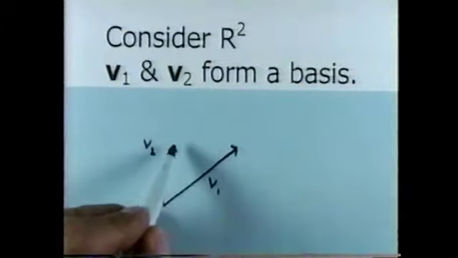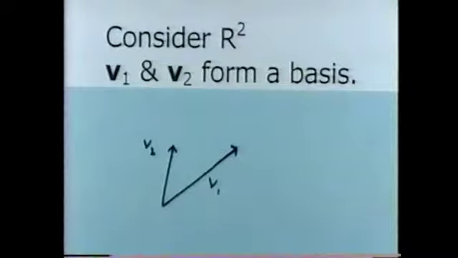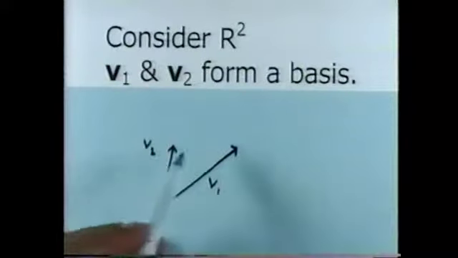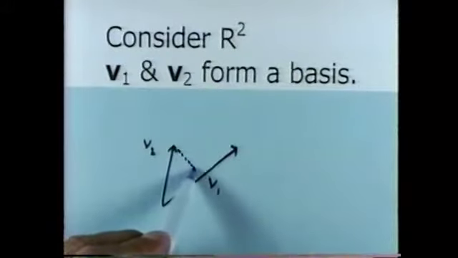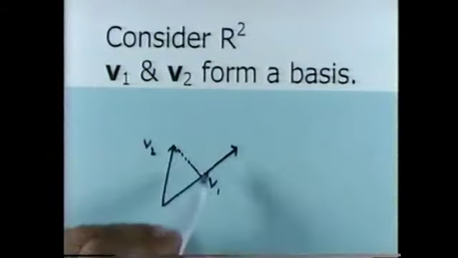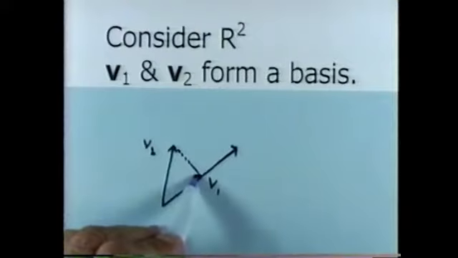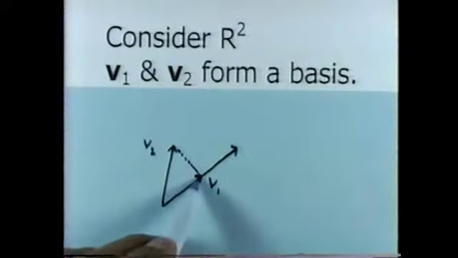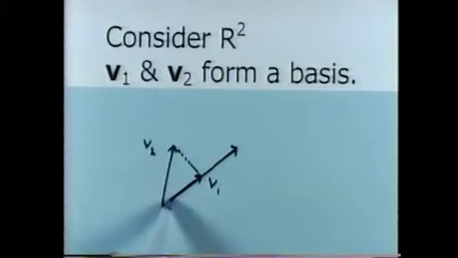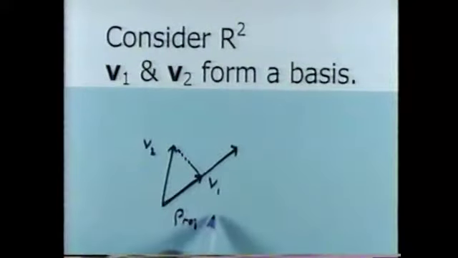Now if I come down and do the perpendicular, then this vector, the one I'm shading, is going to be the projection of V2 onto V1.